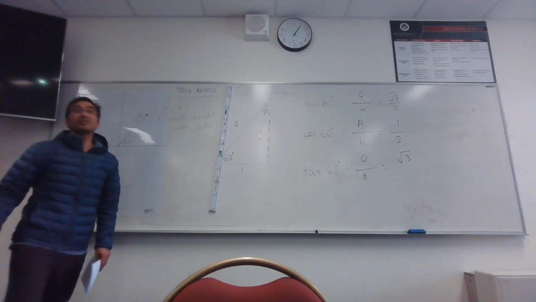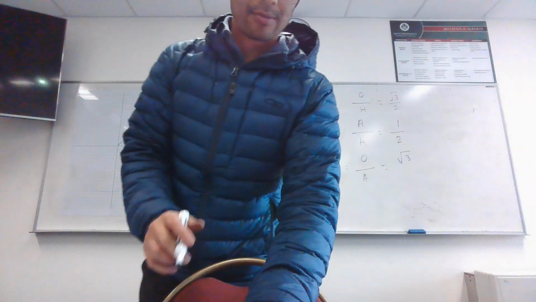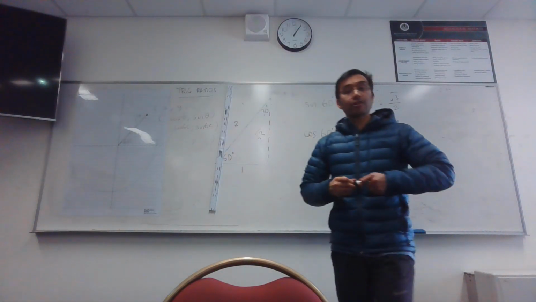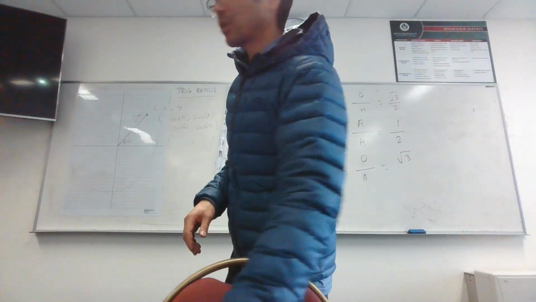Therefore, what is the final coordinate answer of a 60 degree angle in a unit circle? What is it?